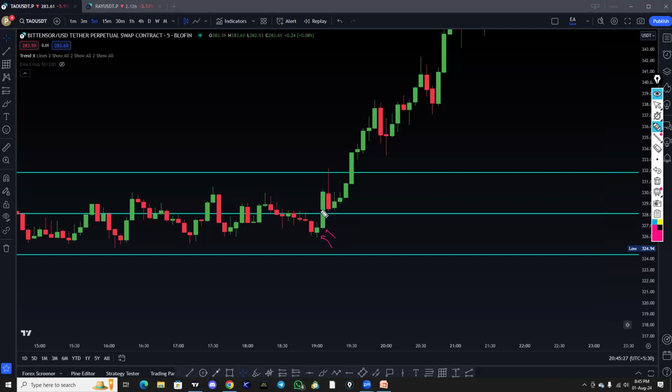So now here our trade will start after closing this candle. We should wait for this green candle to close. Once the candle closes, we can go for long positions. Targets: if you are taking your trade from daily S1, I'll show you in the chart so it will be clear for everyone.